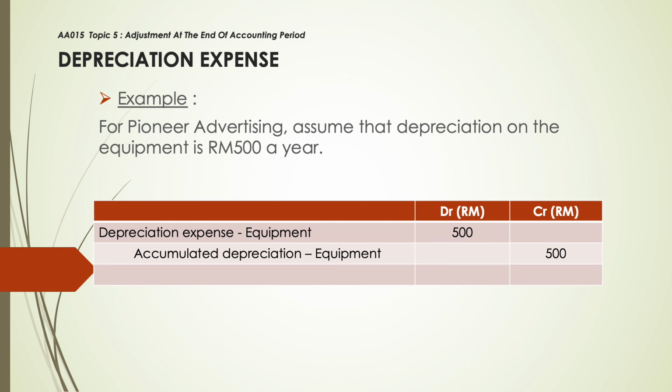We credit accumulated depreciation equipment for 500 ringgit. Why do we credit? Because accumulated depreciation is a contra to an asset. Normal balance of an asset is on the debit side. Therefore, contra will be on the credit side. Description will be to record depreciation expense for equipment.